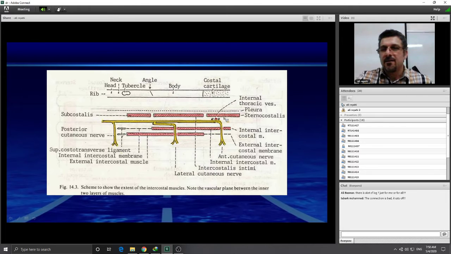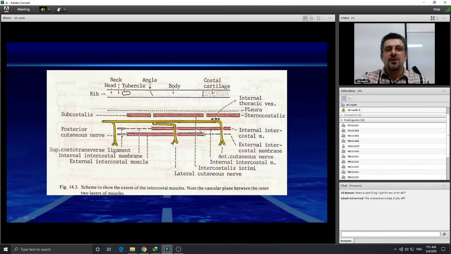This is the internal layer, but they are separated from each other. Outside of this layer, you've got the internal intercostal muscle.